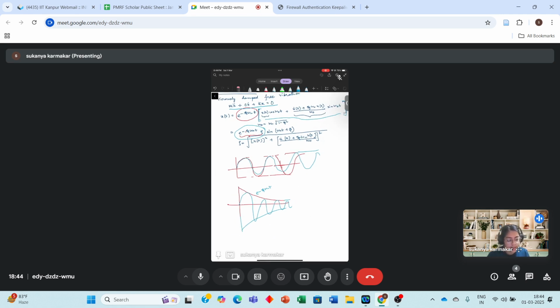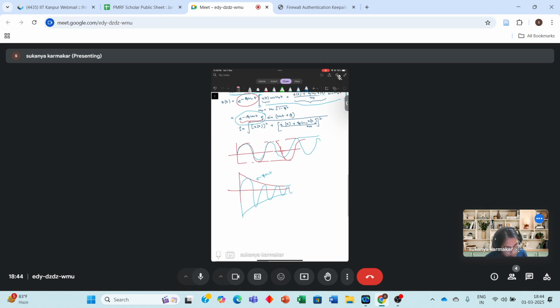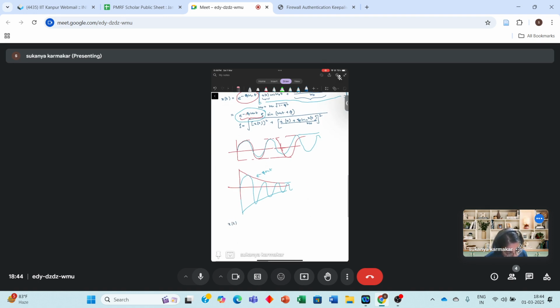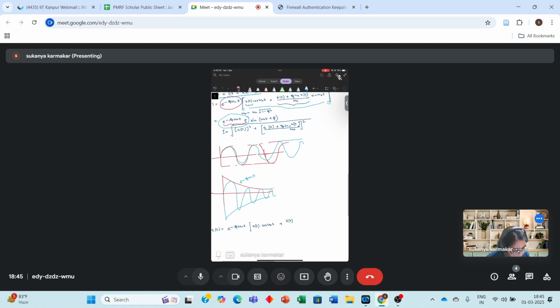For a viscously damped free vibration, we know that your solution is of the form x of t, I'm just repeating that equation, equal to e to the power minus zeta omega n t times x of 0 cos of omega d t plus x dot 0 plus zeta omega n x 0 by omega d sine of omega d t.